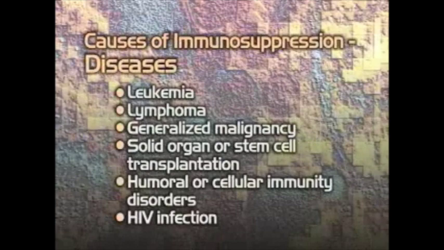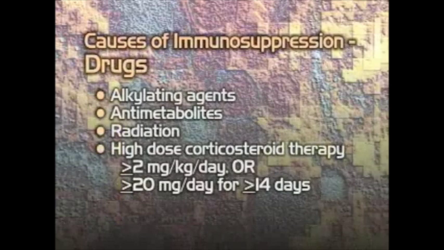Significant immunosuppression can be caused by many diseases, including leukemia, lymphoma, generalized malignancy, solid organ or stem cell transplantation, and humoral or cellular immunity disorders, including HIV infection. Drugs that can cause immunosuppression include alkylating agents, antimetabolites, radiation, or high-dose corticosteroid therapy.